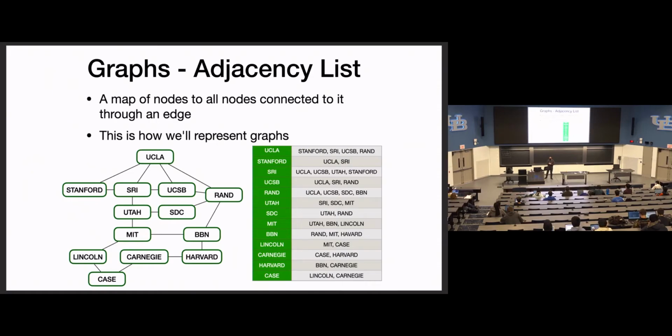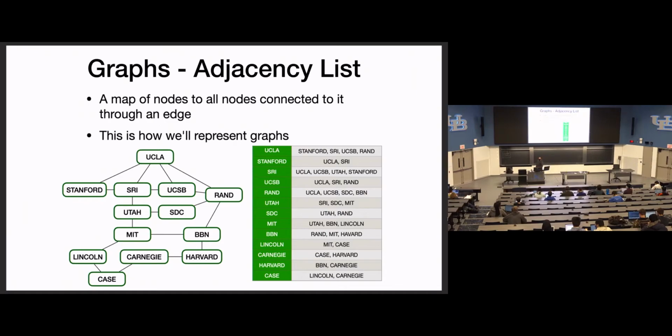The x and y axes are both the nodes in the graph, and there's a 1 in the cell at the cross between two nodes if there's an edge connecting them, and a 0 otherwise. So that's an adjacency matrix. You'll see that in, I believe, 250. If not, 331, you'll definitely see it for sure.